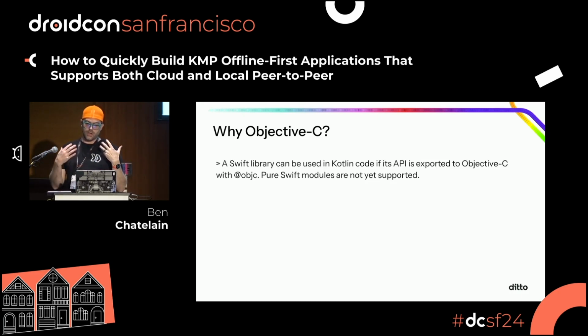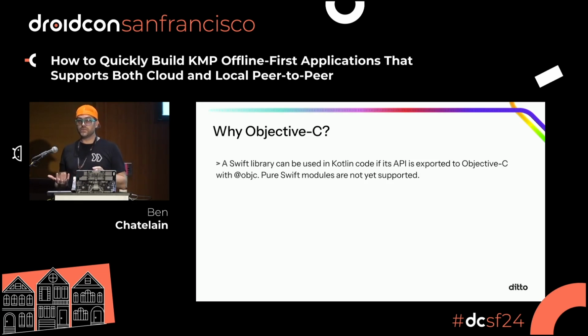So this is straight from their docs. You basically cannot use pure Swift in Kotlin multi-platform. Swift can be compatible with Objective-C or not, and if it's compatible with Objective-C, it'll work with Kotlin multi-platform. But you're not going to find a lot of open source stuff that's still compatible with Objective-C. Swift has been out for a decade now, and iOS developers would love to get rid of Objective-C because it holds back Swift.